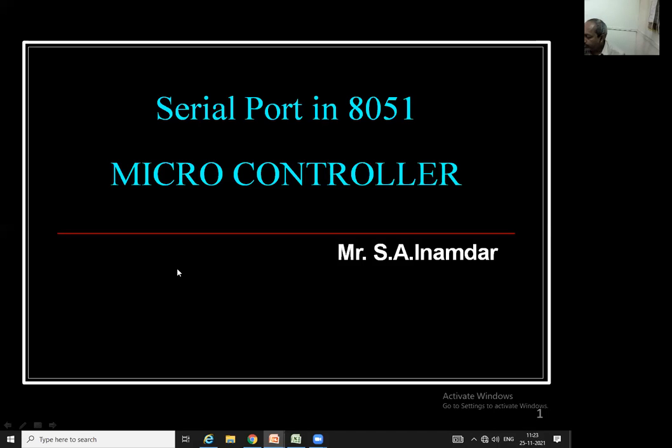Unit number 2 is very important as far as unit number 3 is concerned, because in units 3 and 4 we are going to learn the actual interfacing and programming. In the third unit, programming, and in the fourth unit, interfacing, that we are going to learn.